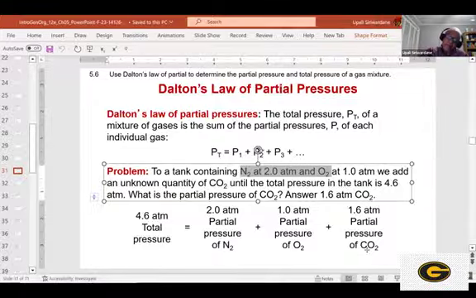So you set it up: the partial pressures of nitrogen and oxygen subtracted from the total pressure of the mixture gives the carbon dioxide partial pressure.